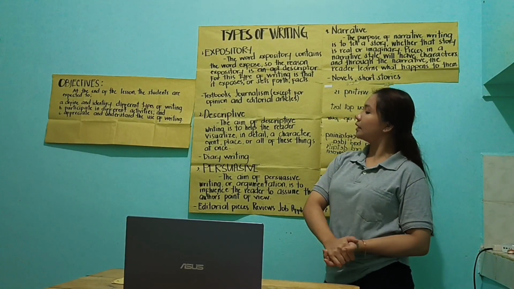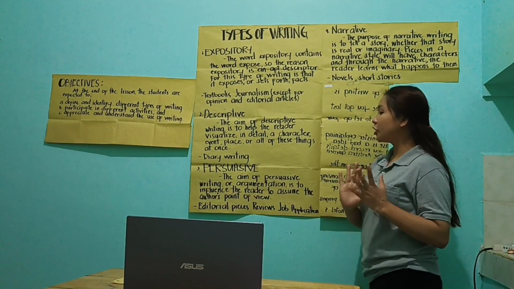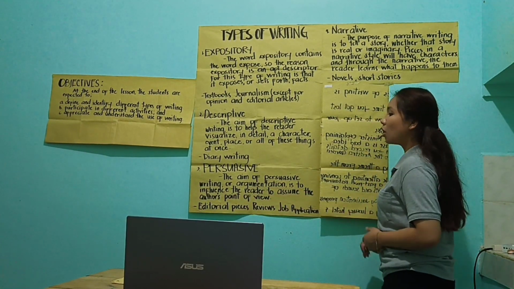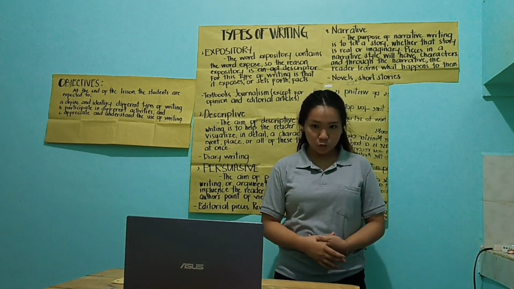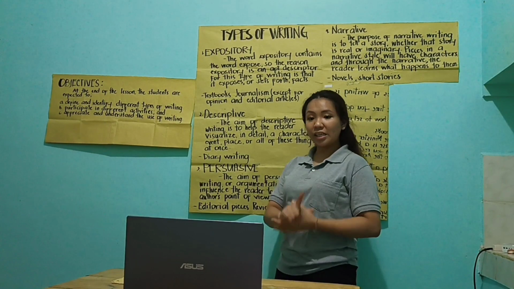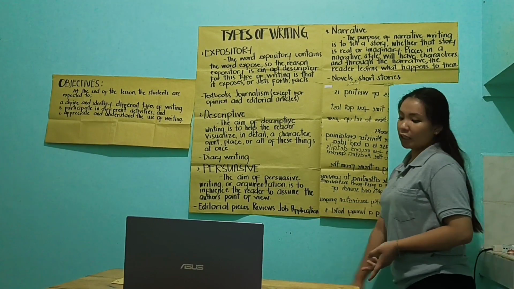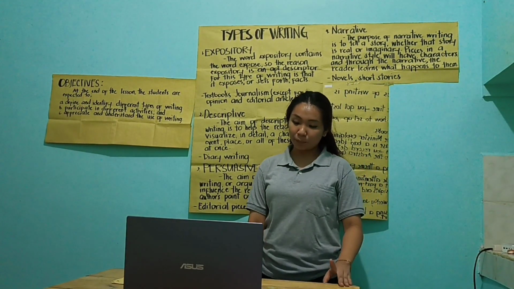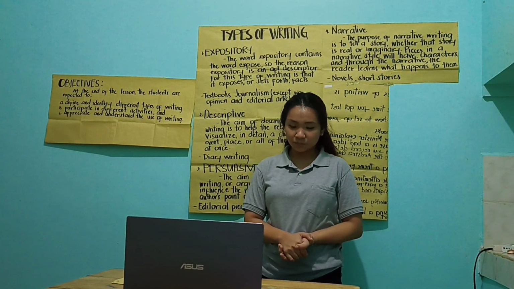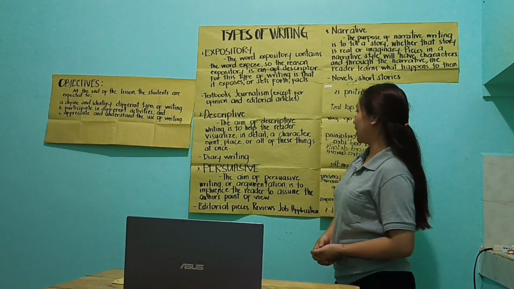Okay, so next is persuasive. The aim of persuasive writing or argumentation is to influence the reader to assume the author's point of view. So, persuasive writing can be found in editorial pieces, reviews, job application. And another example is advertising opinion. Is it clear? Okay.